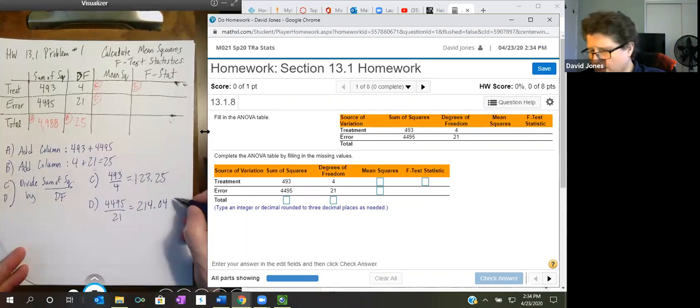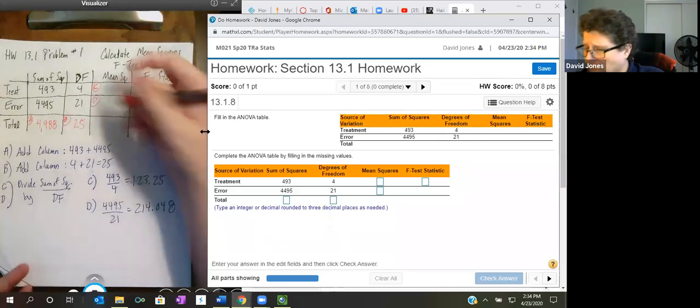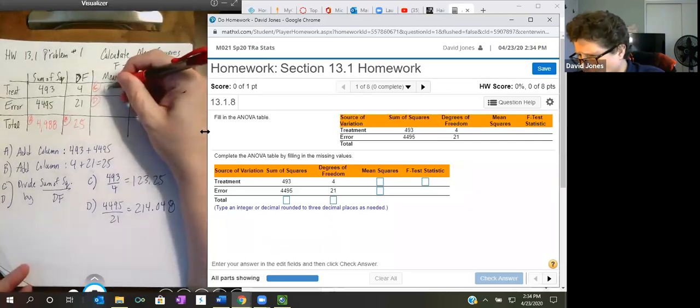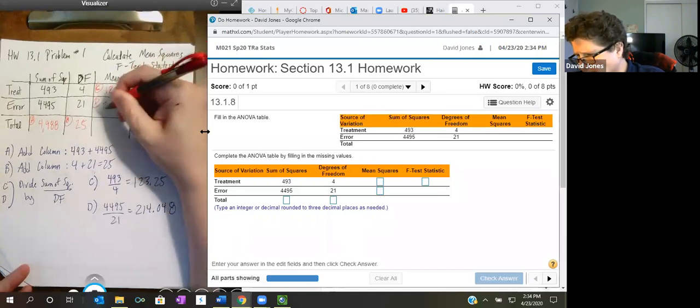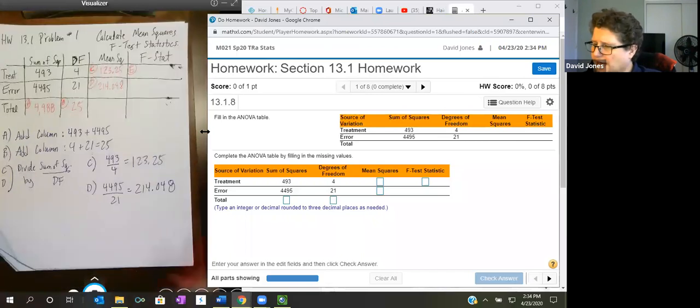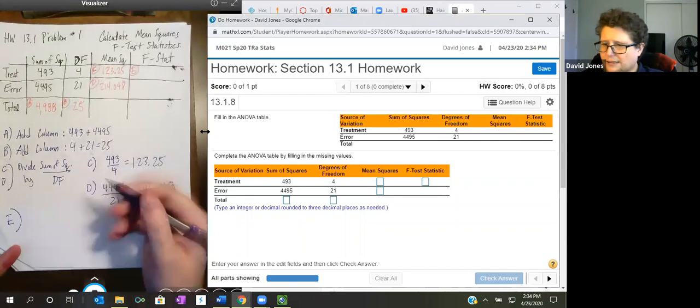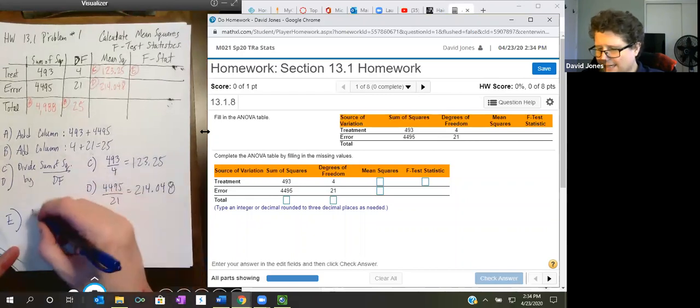And they want 3 decimal places. So I will go to 3 decimal places. And finally, for E, divide C by D.